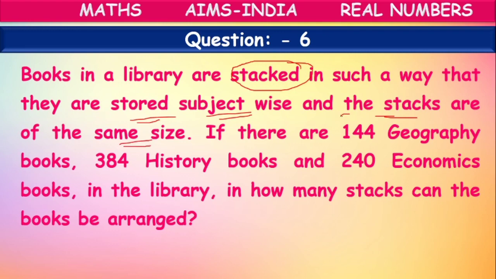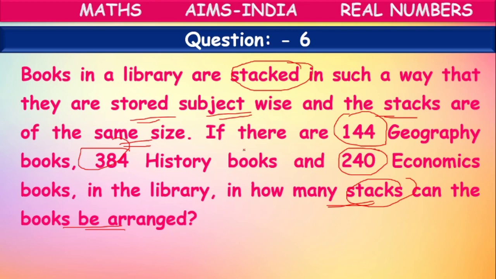If there are 144 geography books, 384 history books, 240 economics books in the library, in how many stacks can the books be arranged? Means we have to find in how many groups they are arranged, but stacked subject wise, and each stack size is the same.